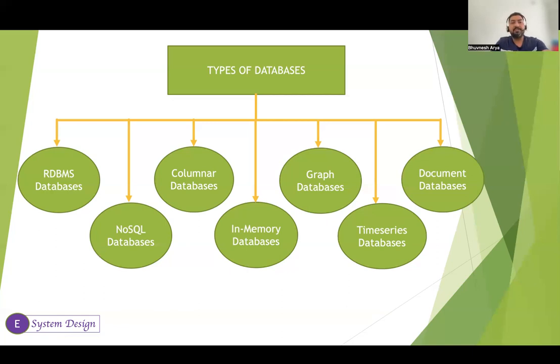Next, moving on with time series databases. These databases are very popular for storing time series data, where your indexing happens on a time basis. They are very popular for any application where the data is coming directly from devices. Take the example of IoT, where data is coming from sensors and you are storing that data in a time series manner.